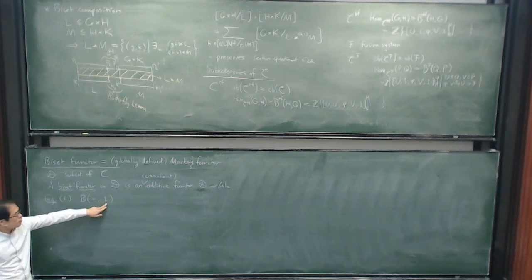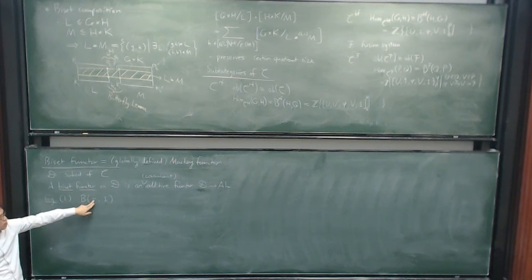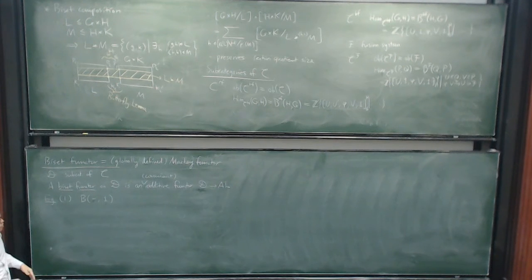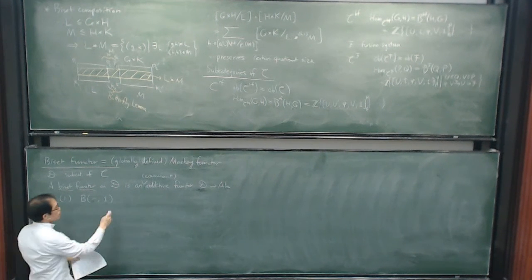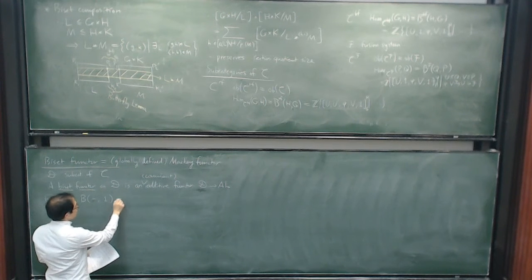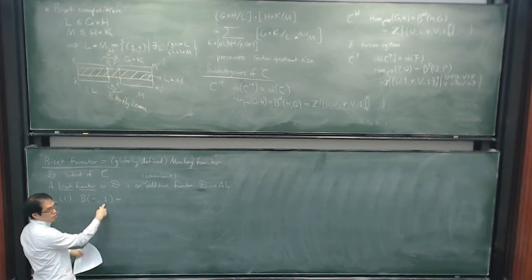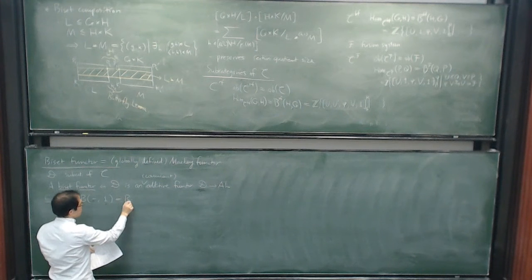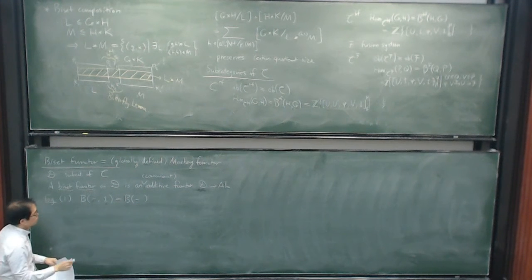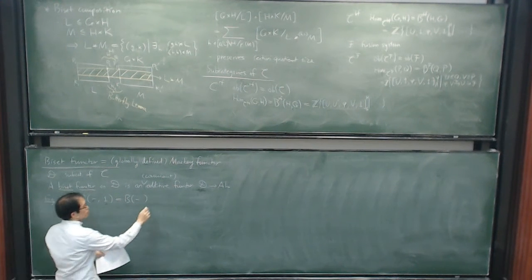For example, let's pick just the trivial group and keep this part blank. Then this representable functor is a biset functor. This means that the right-hand action is trivial. So this is just the usual Burnside ring functor.